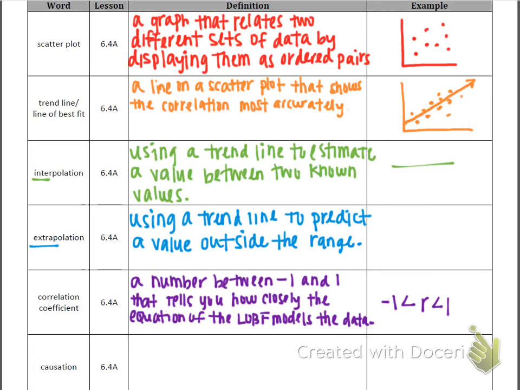Okay? Last thing that we're going to talk about is causation, and I already kind of touched on this. Causation is when a change in one quantity, and here's the important part, causes a change in a second quantity.